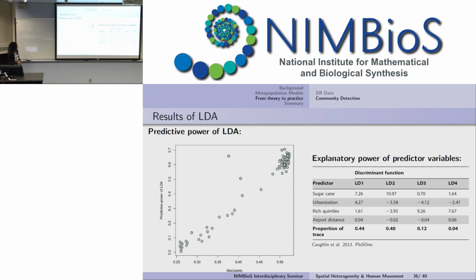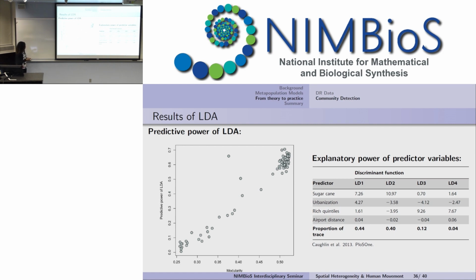On the horizontal axis here, we have modularity. On the vertical axis, we have the predictive power of the linear discriminant analysis. For example, if you have a modularity score of 0.5, then the predictive power was in some cases close to 70%, which means that the LDA correctly placed 70% of the towers into the appropriate communities.